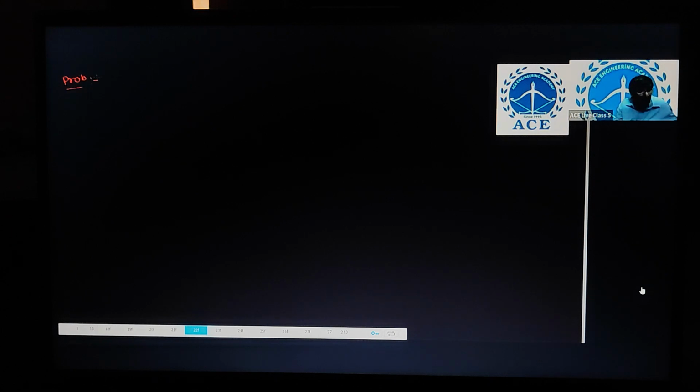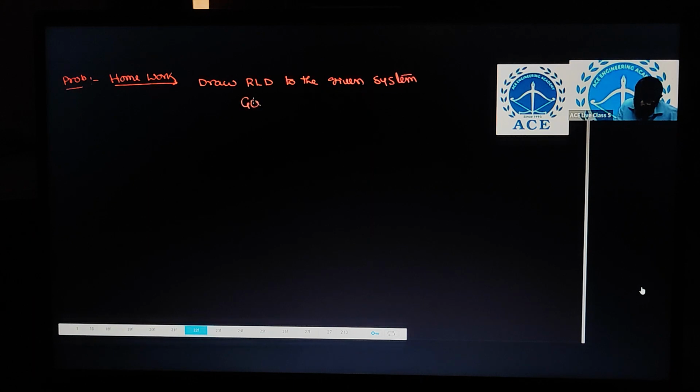This problem is homework only, I hope you will do it. Draw the root locus, compulsory. Draw the RLD for the given system: G of S, H of S equal to K S by S square plus 4.